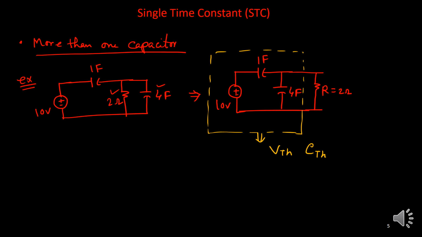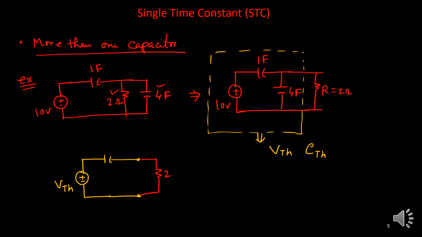So what is the concept? What is the VTH and what is the CTH? Can you find this one? So correspondingly, I can have one voltage, that I'll call VTH, and one capacitor I can reduce it to, and then I can connect that resistance here.